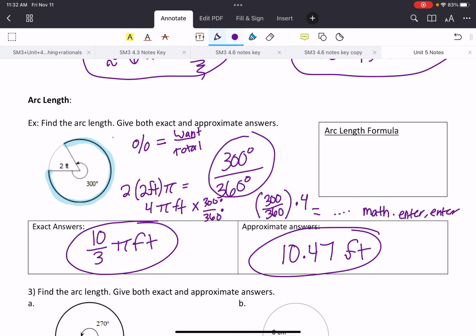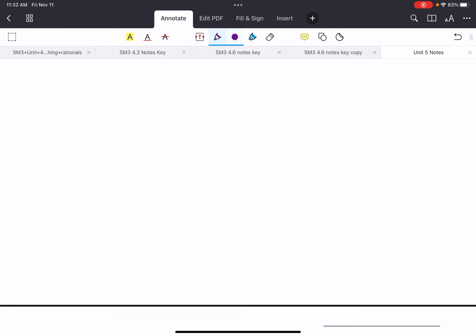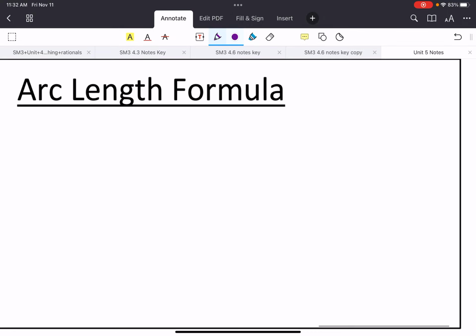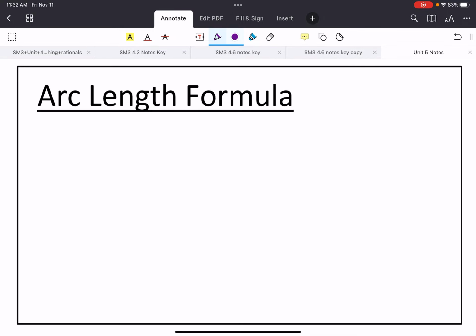So let's write these formulas down. There are 2 different units of measure for angles of a circle. What are the different units of measure of angles?